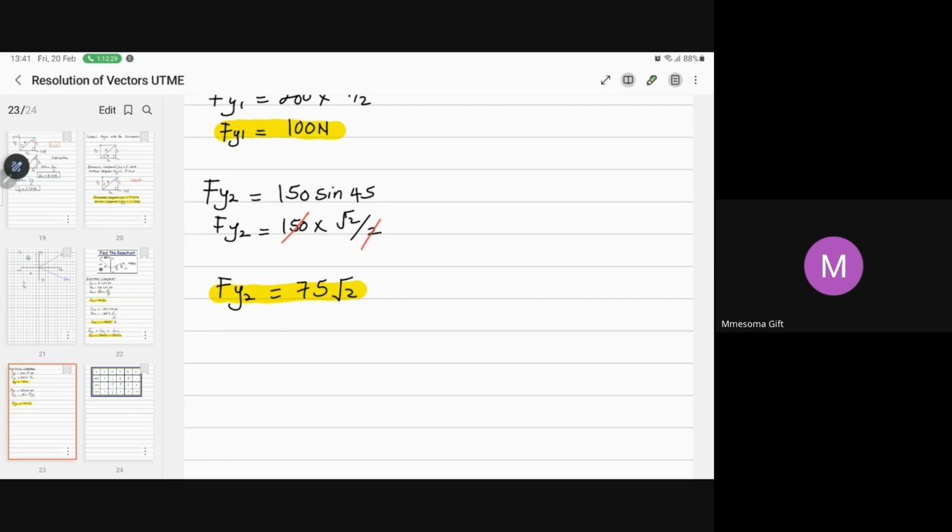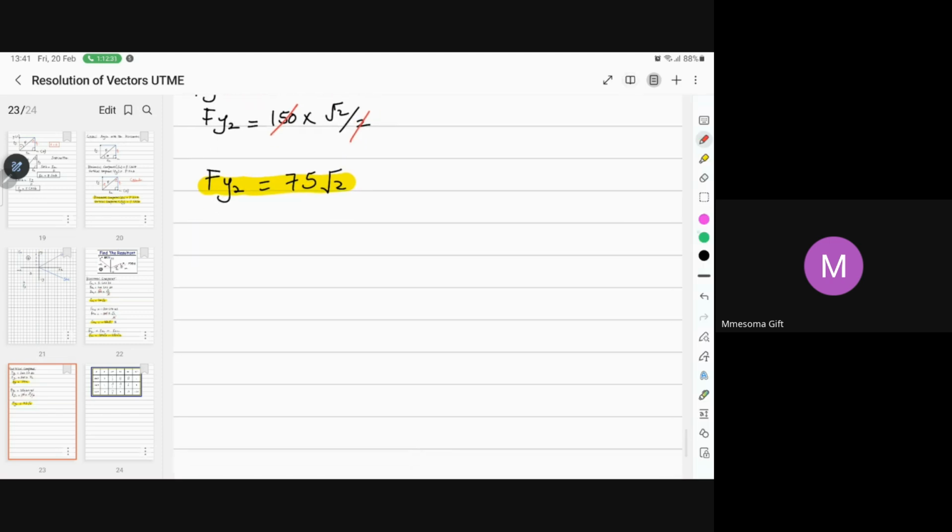So now, total vertical component. My total vertical component, let's call it Fy, will be equal to Fy1 plus Fy2.